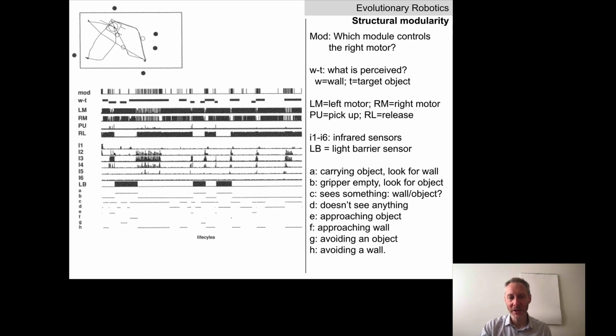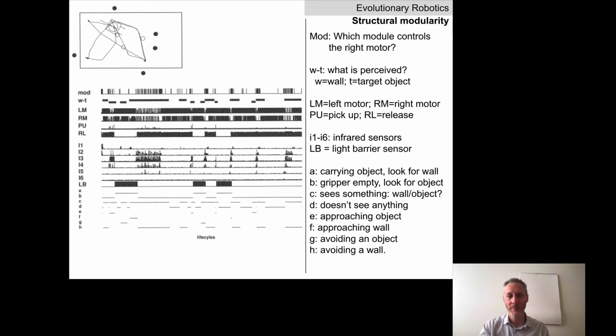So this period, from the robot's point of view, looks quite different from this situation. At this situation, this is the robot facing the wall. More of the infrared sensors are being broken, compared to this situation where only 1 and maybe 2 or 3 are firing. So the robot, by looking at I1 through I6, can distinguish between, am I in front of an object or am I in front of a wall?